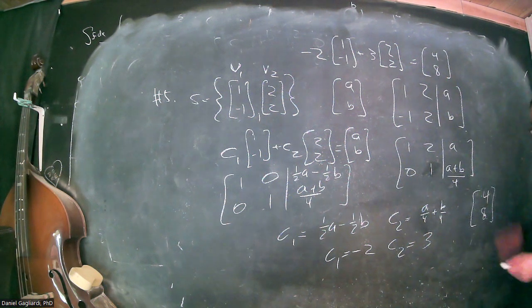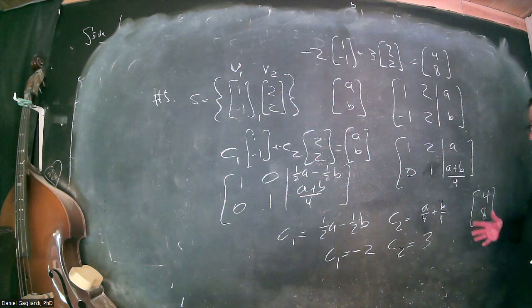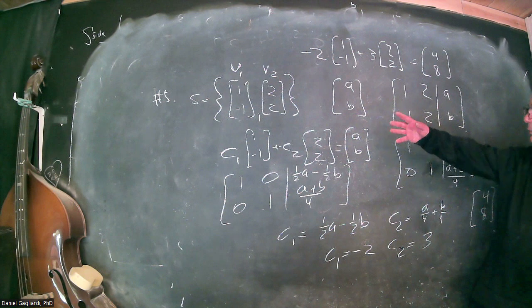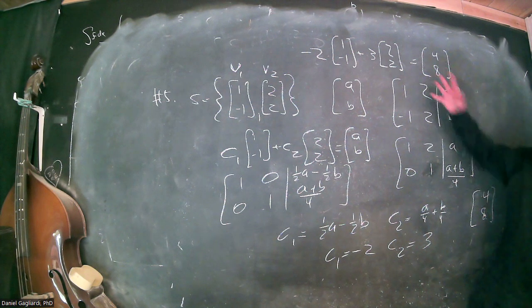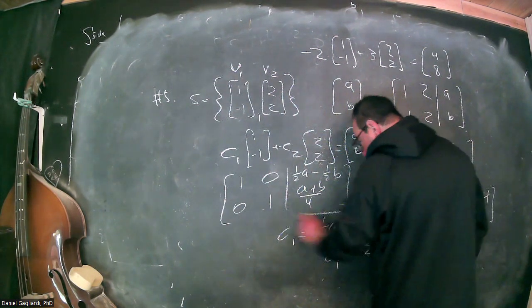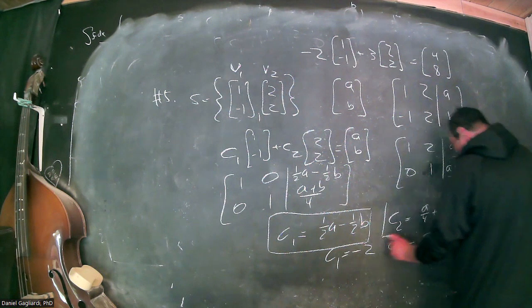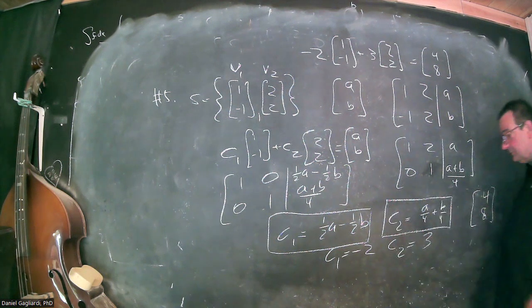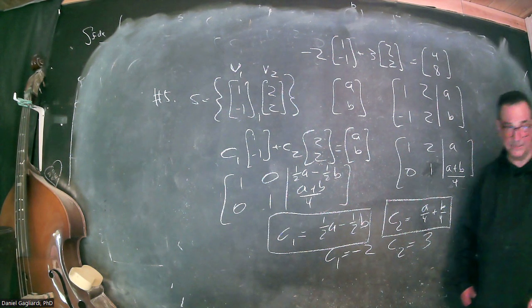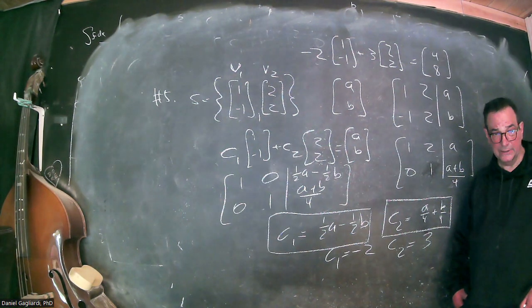So I just picked an arbitrary vector, such that a and b are both multiples of 4, to reduce our dependence on fractions. And we see that the vectors (1, -1) and (2, 2) carry us to our target vector. And that's all there is to it. So here's the formula for c1, and here's the formula for c2. You can see that we have unique solutions for c1 and c2. And that shows us that these two vectors, v1 = (1, -1) and v2 = (2, 2), span two-dimensional space explicitly.